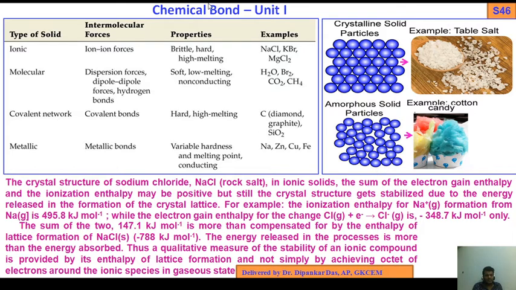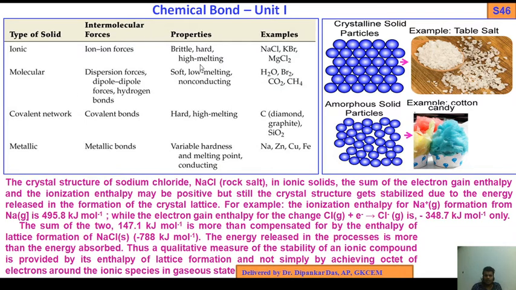Now, the types of solids. You know, there are 4 types of solids. We have already discussed the ionic bond, covalent bond, and also coordinate bond, etc. Now, types of solids: ionic solids, molecular solids, covalent or network solids, and metallic solids. Intermolecular forces present: ion forces.